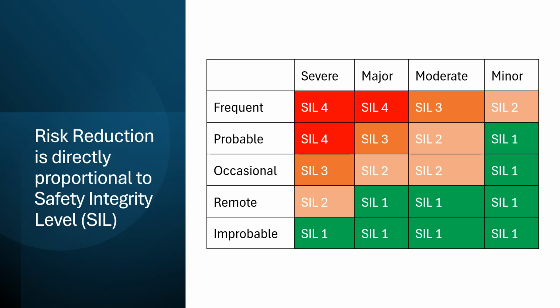If, however, I'm trying to reduce risk down from severe to frequent, it's obvious now that I need a more significant device. I need a device which is going to have SIL level 4, which itself in turn has been created through a process with a great deal of visibility, a lot of comprehension, and multiple views reaching the same output.